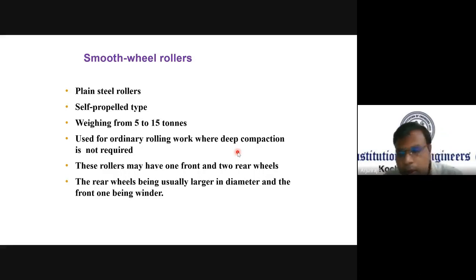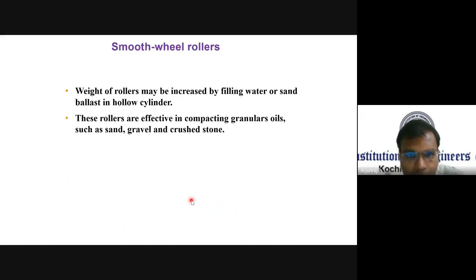You don't need too much depth, and for that particular application, you can use these smooth wheel rollers. These rollers will have one front and two rear wheels, and the rear wheels are usually larger in diameter, and the front one is wider. I will show you in the picture how it looks.